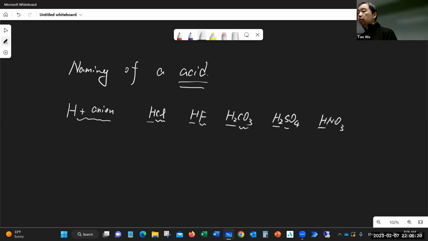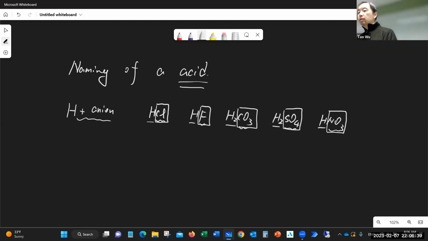But if you look at those formulas, you will recognize some of the anions are only a single atom, but some of the anions have multiple atoms, which is a polyatomic ion. So when we give them a name, they have different names.